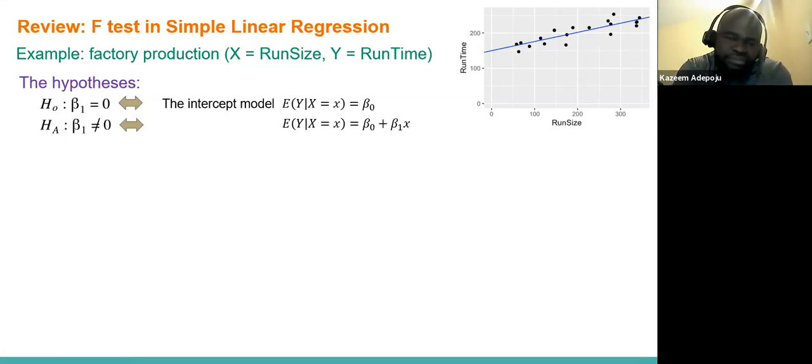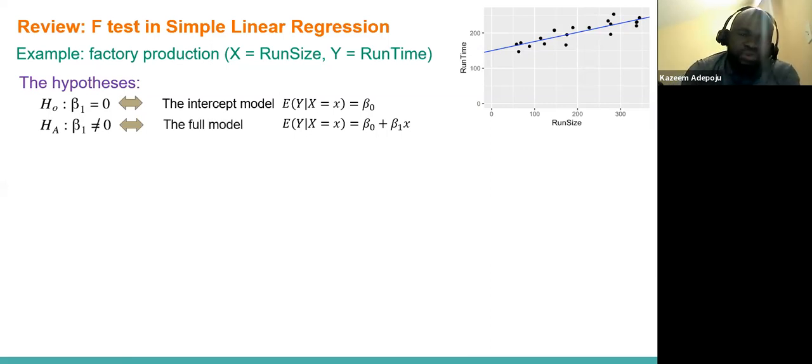So the hypothesis formulation that we have here is this: the null hypothesis, which I call H naught, represents the intercept model, while the alternative hypothesis represents the full simple linear regression model.